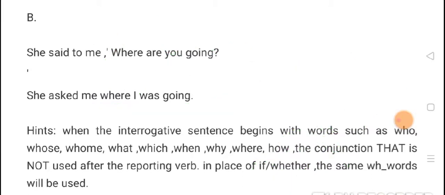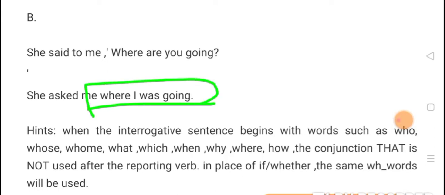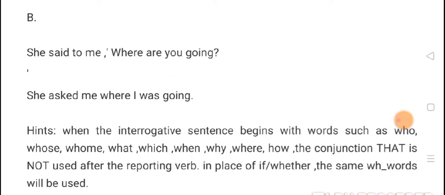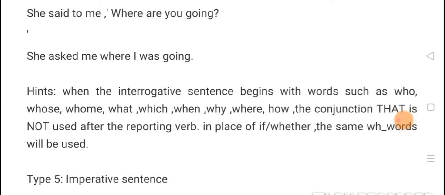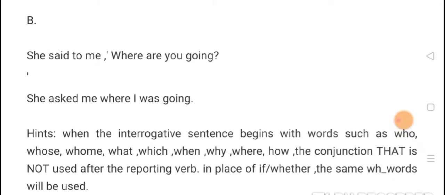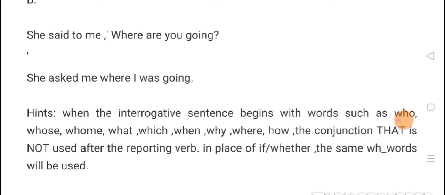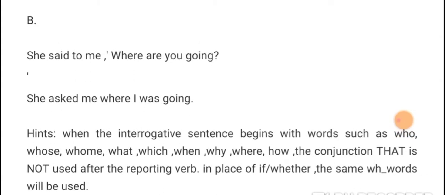So she said to me, where are you going? She asked me where I was going. If you are writing where was I going, so it will be wrong. Hence, when the interrogative sentence begins with WH words, all these are the WH words.